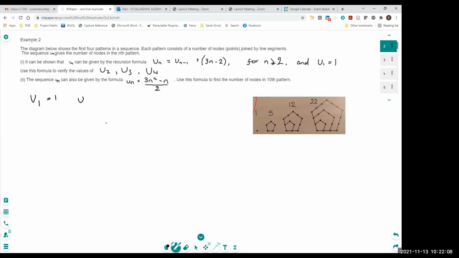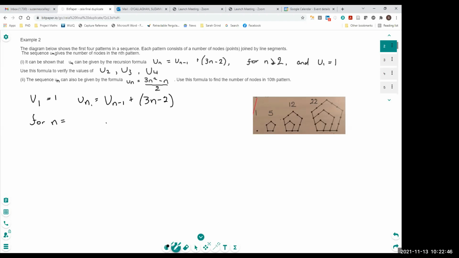And what are they asking us for? Use this formula to verify the values of u2, u3, and u4. So we have the first term. We need to find the values for the second term, third, and the fourth.